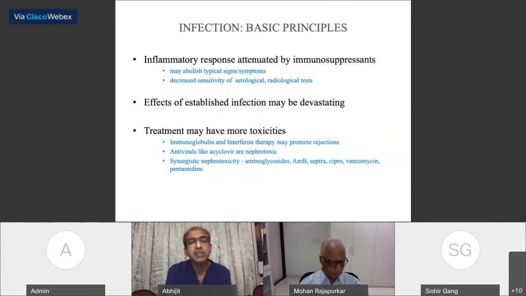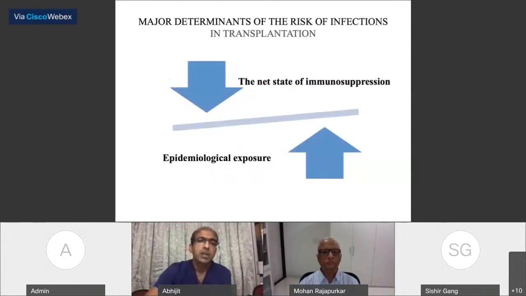The effects of the established infection may be far more devastating in an immunosuppressed individual as compared to a normal individual. And the treatment may also carry some toxicities: immunoglobulins and interferon therapy may promote rejections. Antivirals like acyclovir are nephrotoxic, and there may be synergistic nephrotoxicity when used with other molecules.